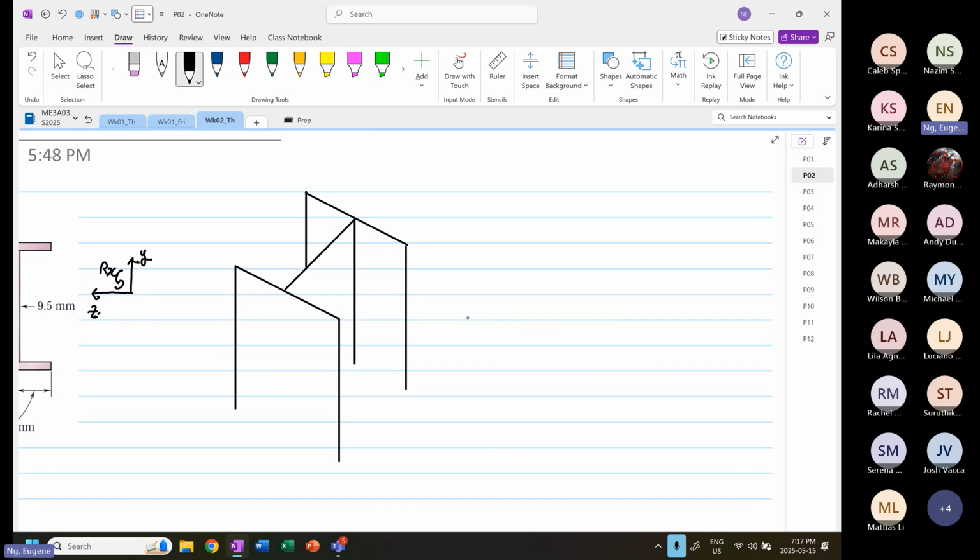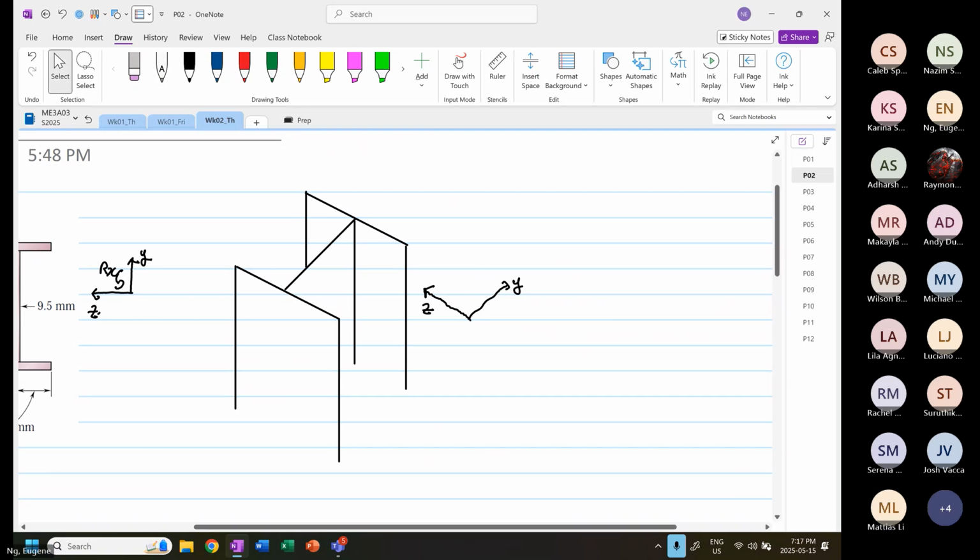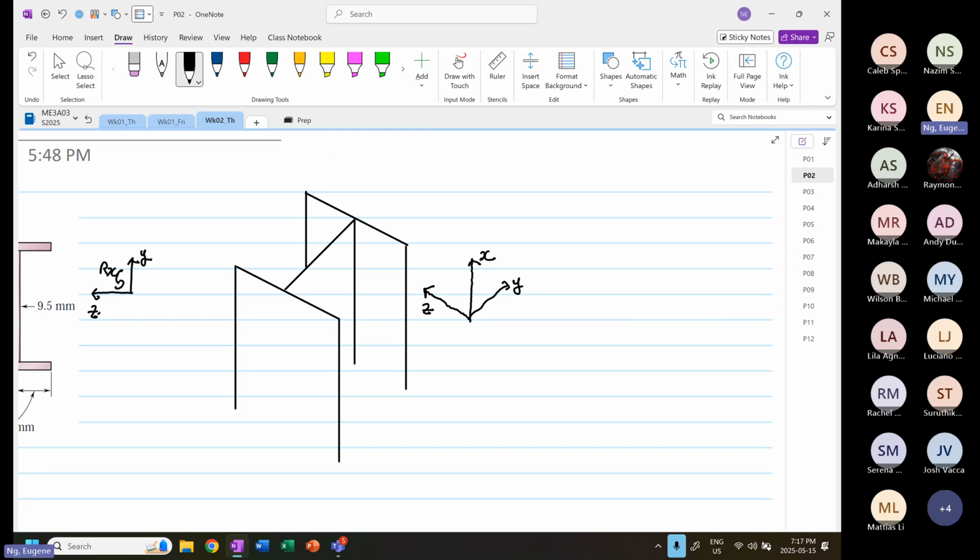So we know that over here in this orientation, this is our Y orientation. This is our Z, and over here this is our X. And buckling can occur in two planes.